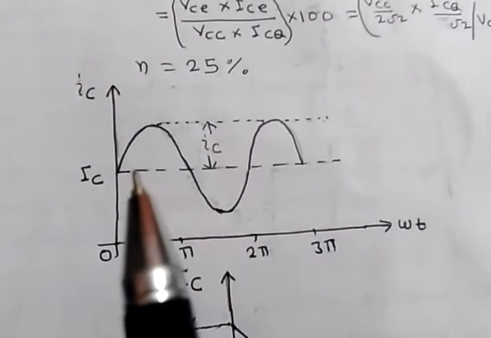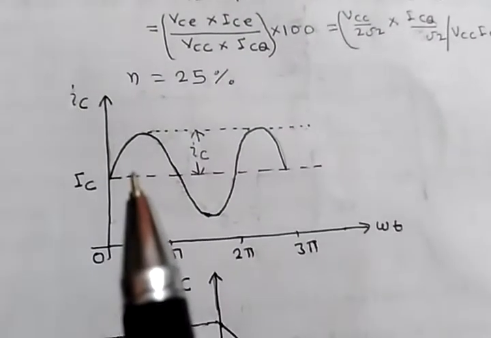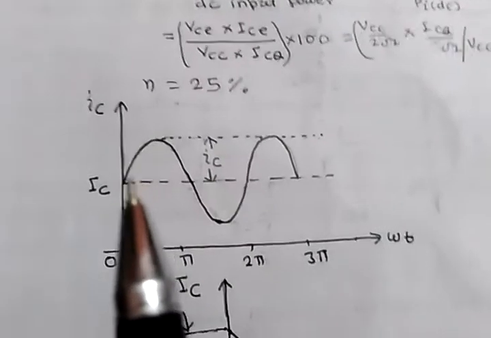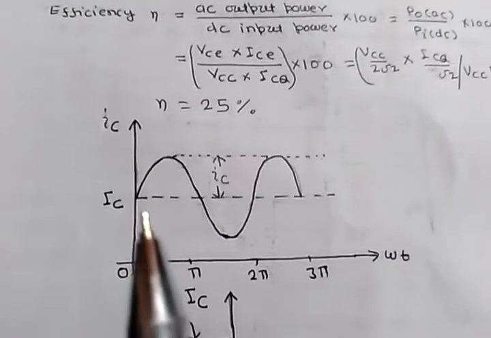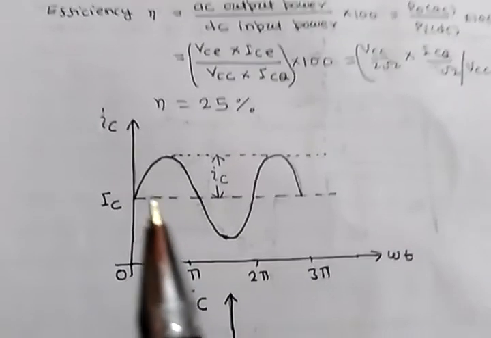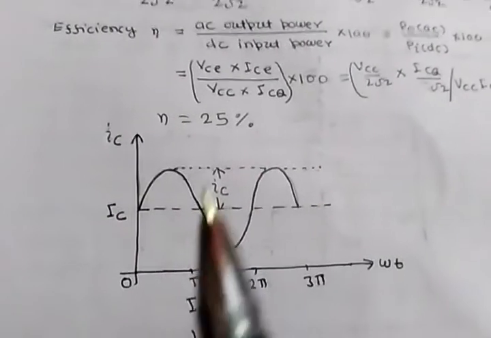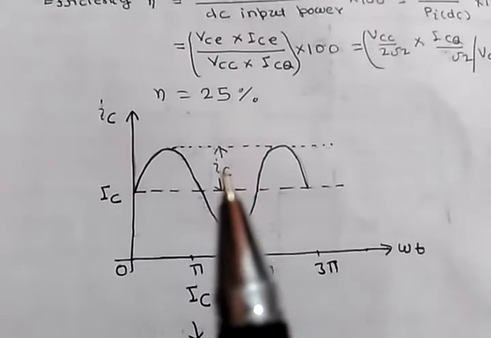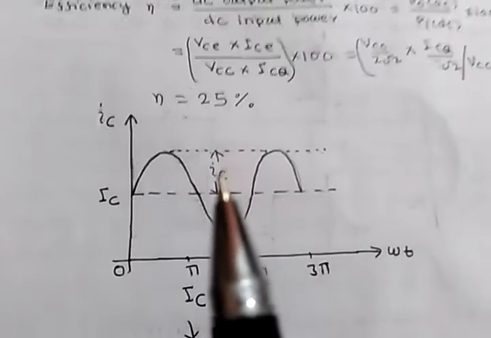It is represented here as a fixed dotted line. This is due to the biasing condition of the transistor. In the absence of input signal, this fixed DC bias collector current will flow in the collector of the transistor. The second component is the signal collector current, this small ic. Signal collector current is due to the input signal.